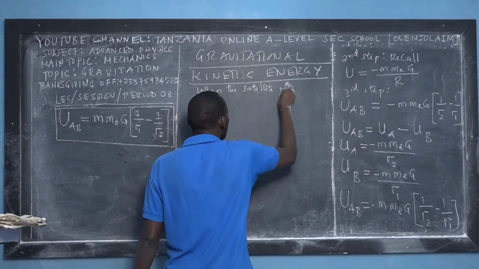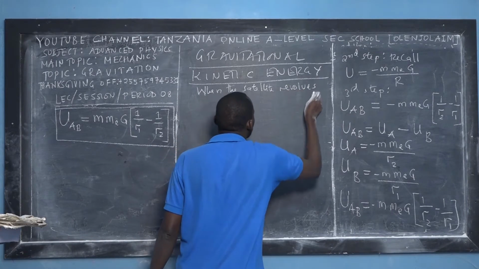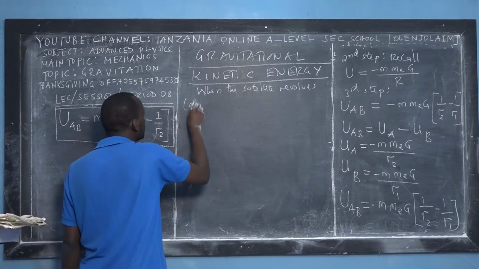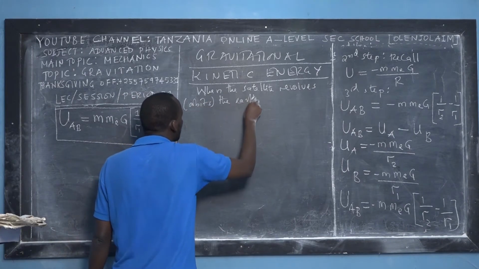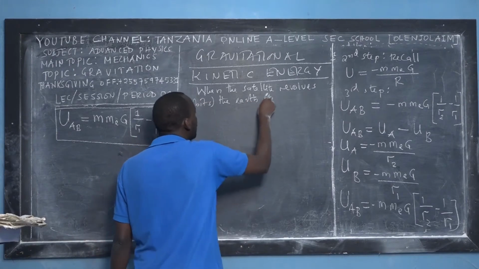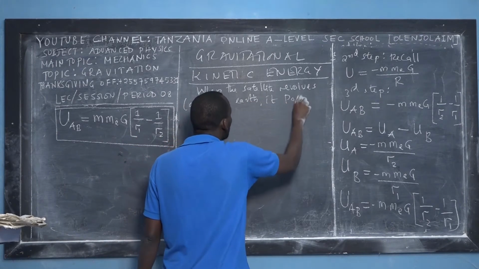When a satellite revolves or orbits the Earth, it possesses what?